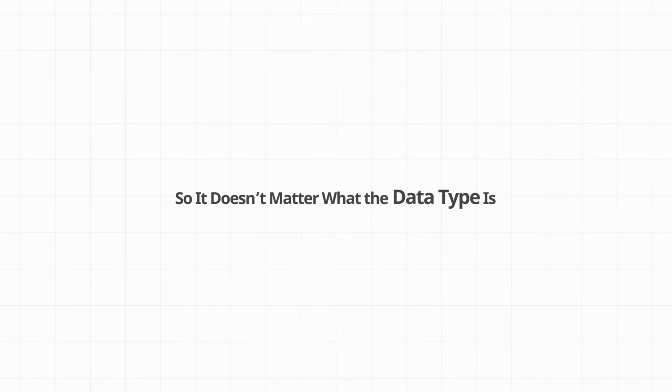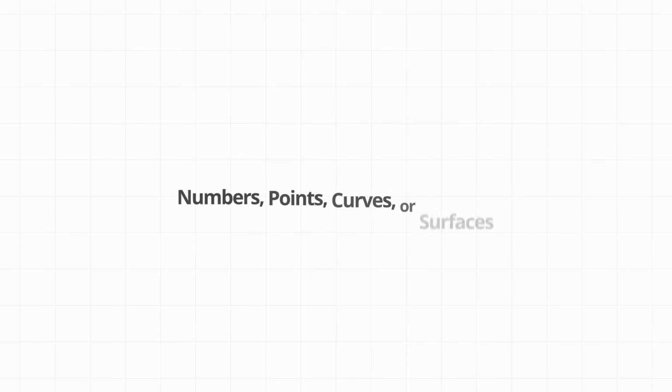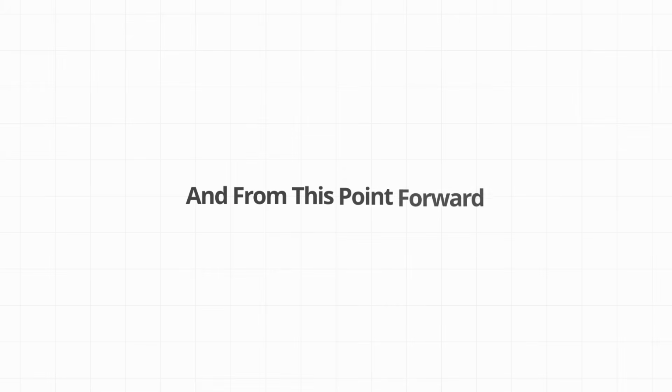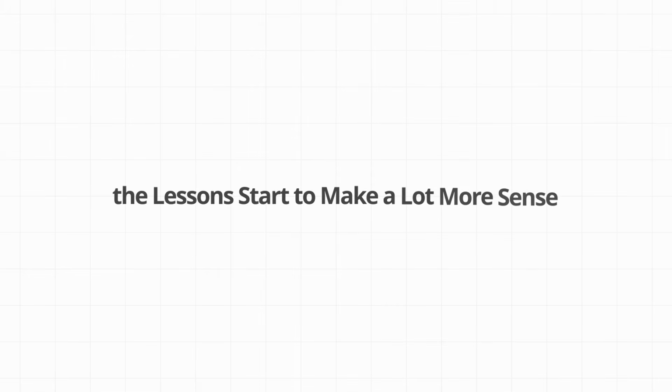So it doesn't matter what the data type is: numbers, points, curves, or surfaces. What really determines how Grasshopper behaves is the structure of the data, not its type. Once we understand this, the behavior of many components becomes fully predictable, and from this point forward, the lessons start to make a lot more sense.